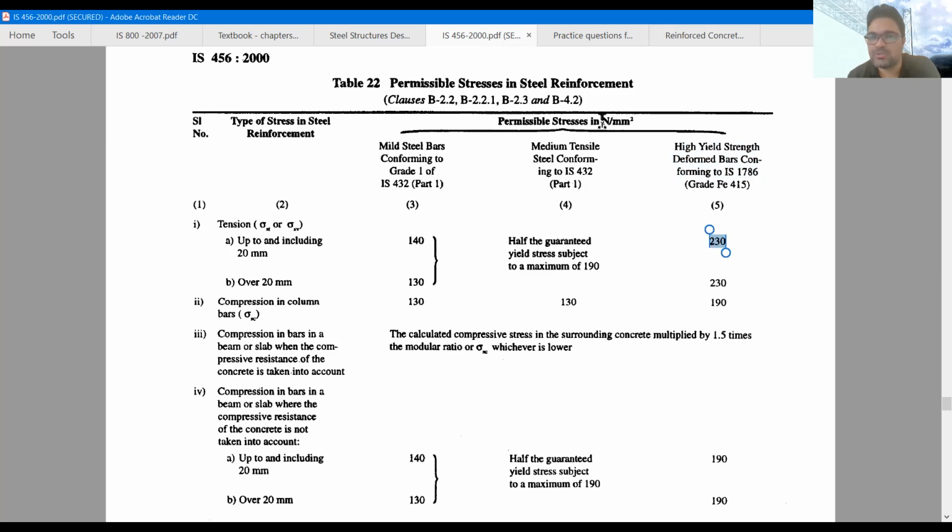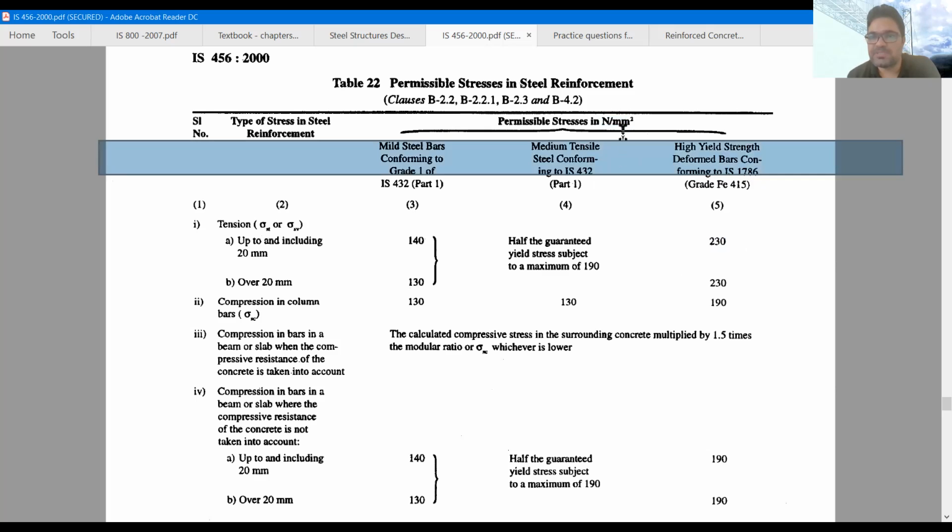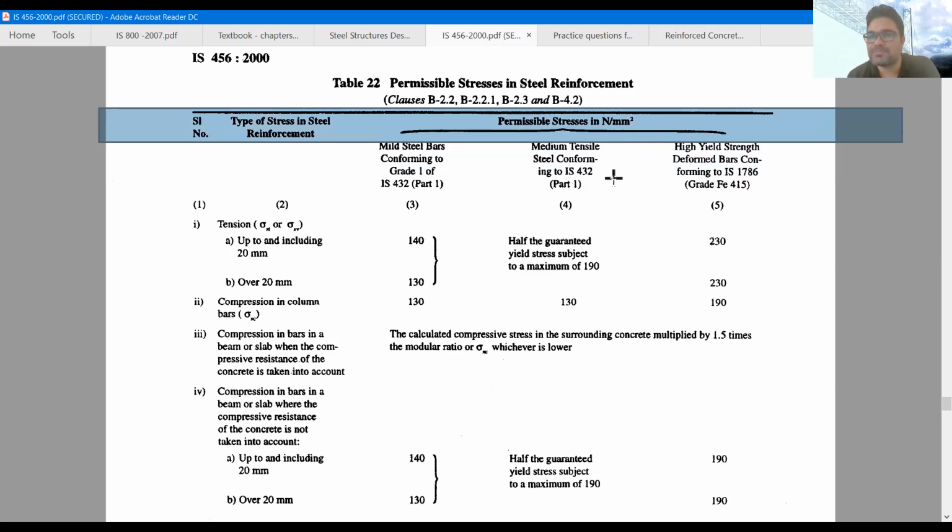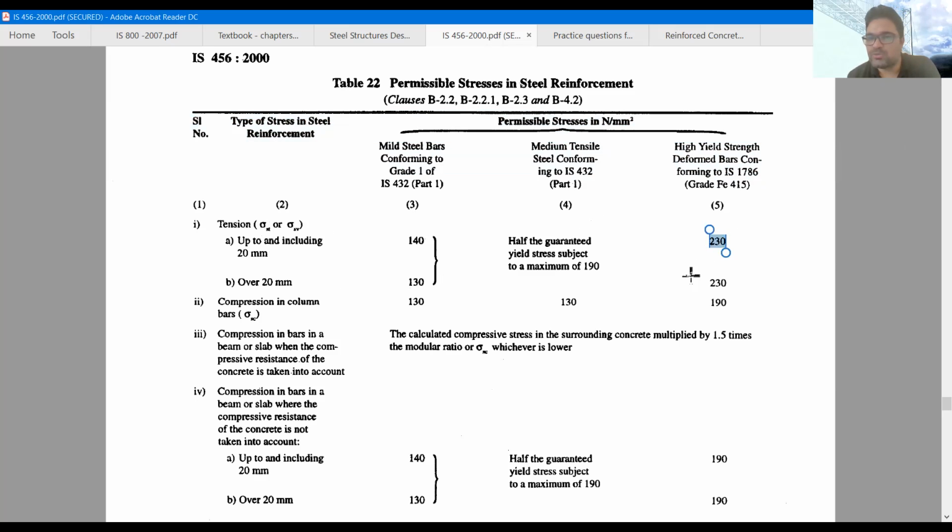There you can see the unit is given; the permissible stress will be in Newton per mm square. So the value of sigma ST from Table 22 is 230 for our case, because we are using HYSD bar, and the value of sigma CBC will be 8.5 for M25 grade of concrete.